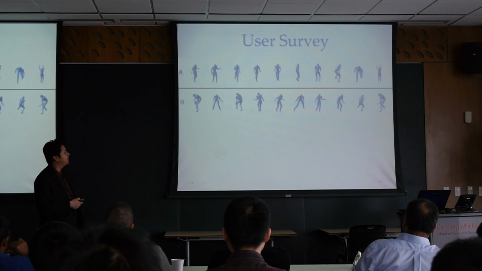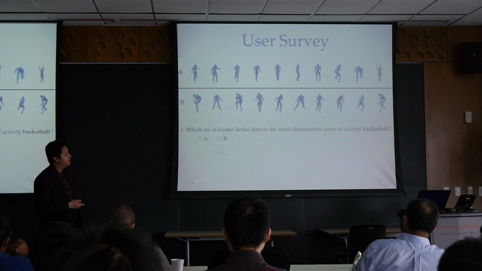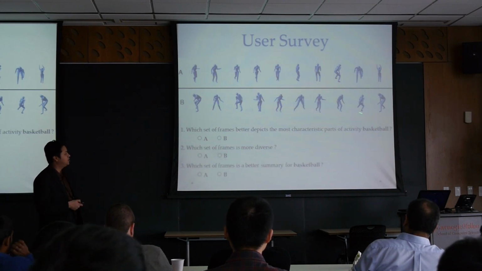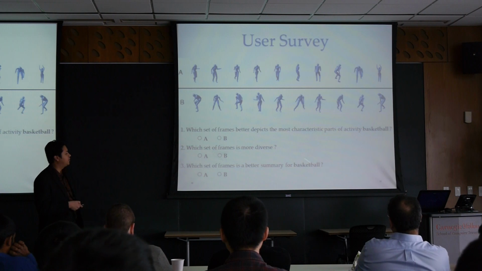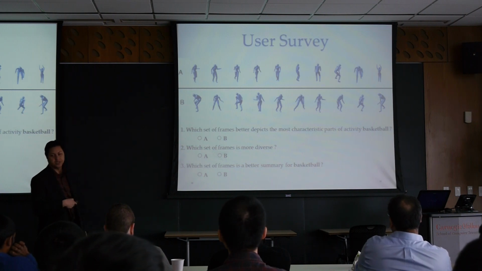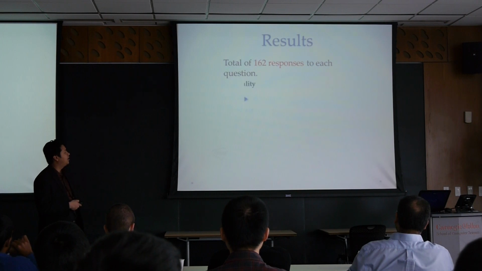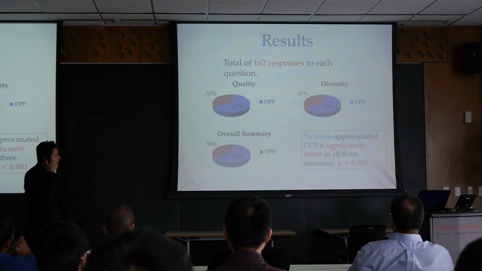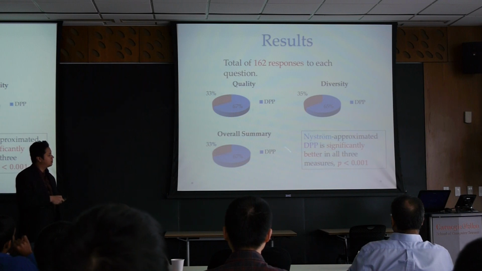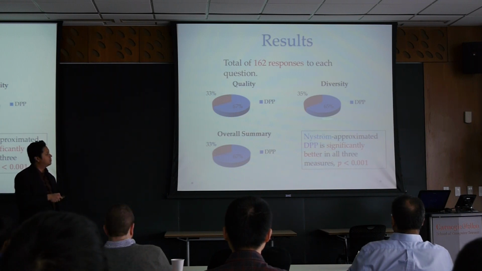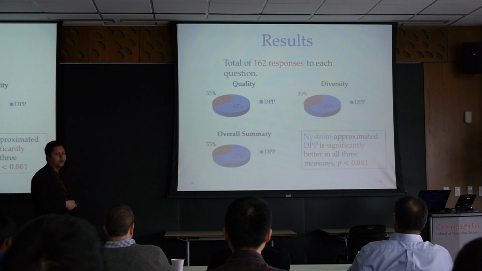We ran this as a user survey. We chose one set randomly from Nystrom approximate DPP and another set from random sampling, and we asked people which frames are more diverse, which is a better representation for the activity, and which frames are more characteristic. The result was pretty astounding: we were able to conclude that our Nystrom approximate DPP does give us a more diverse representation of the frames.